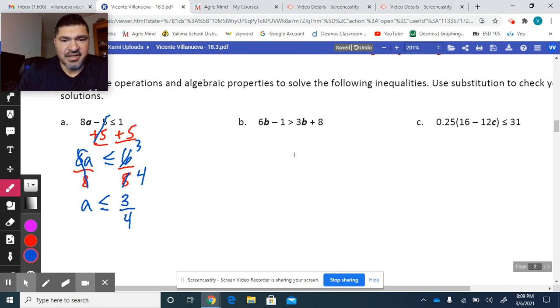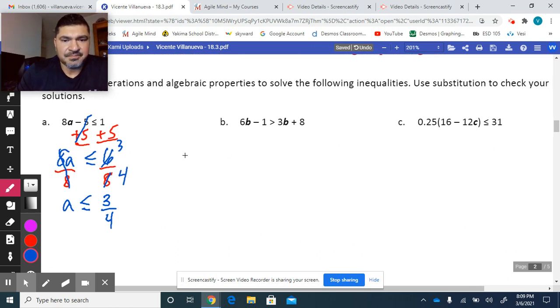Let's go ahead and take a look at letter B. Again, be thinking ahead. What should the first step be here? I'm looking at the variables. I got 6b here, 3b here. I want to put the b's on one side, and most of the time it's easier to move the smaller coefficient, which would be the 3.